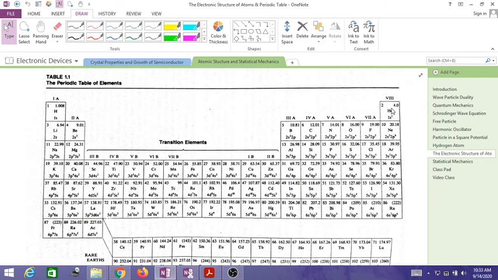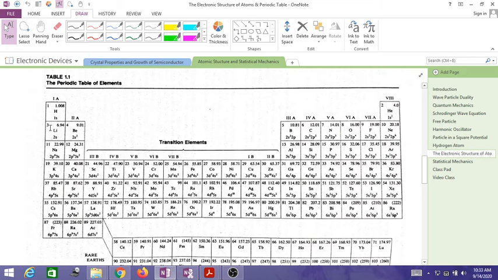That is why they are called inert or noble gases.